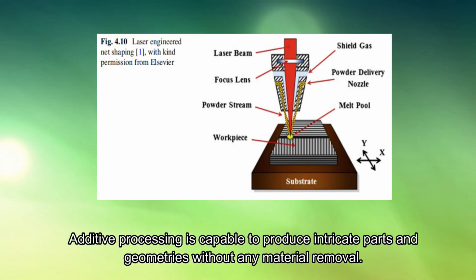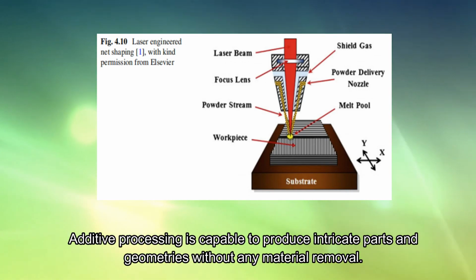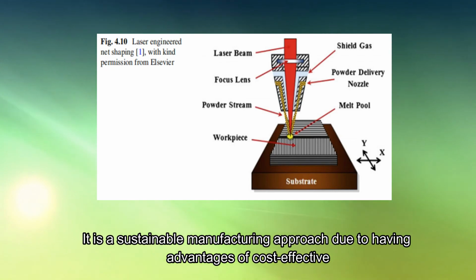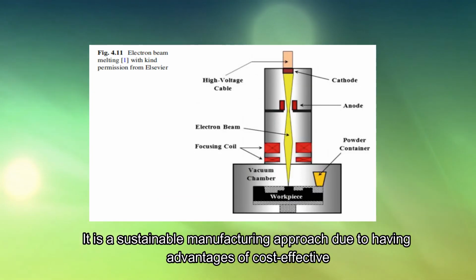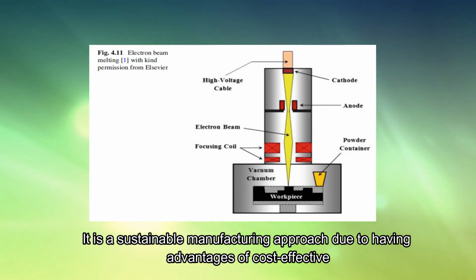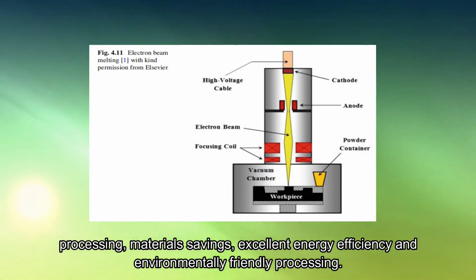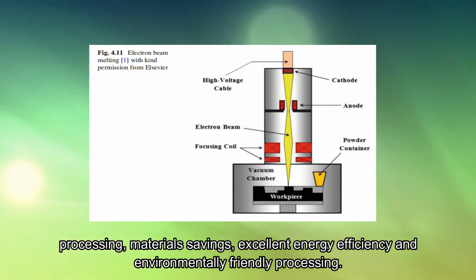Additive processing is capable of producing intricate parts and geometries without any material removal. It is a sustainable manufacturing approach due to the advantages of cost-effective processing, material savings, excellent energy efficiency, and environmentally friendly processing.